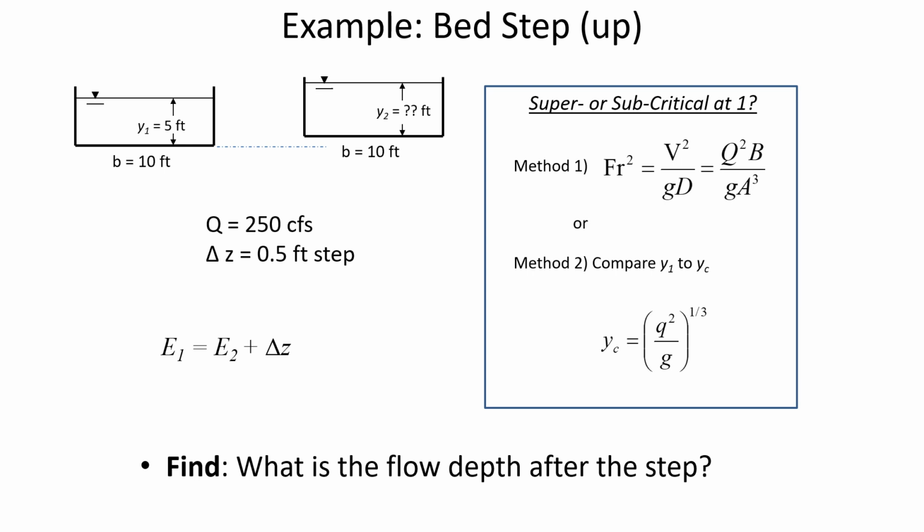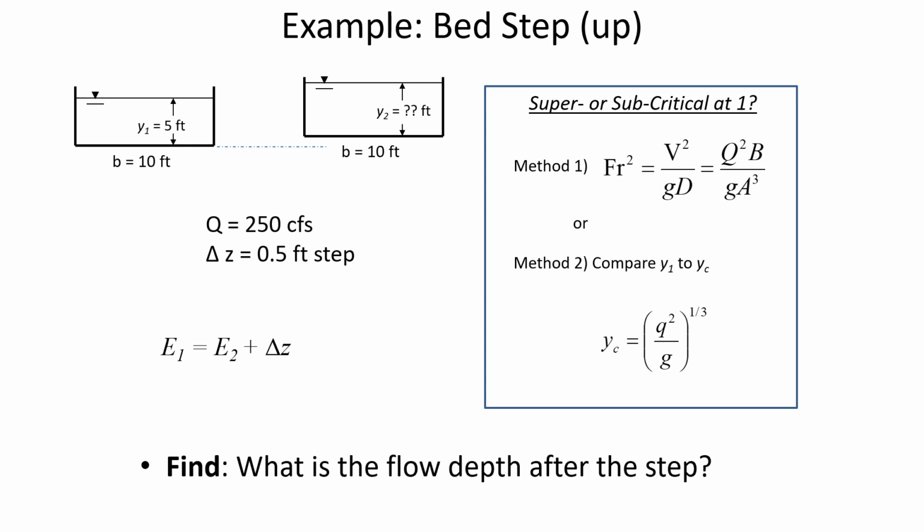And so lowercase q is capital Q divided by B. Flow per unit width only really has meaning for a rectangular channel. We wouldn't calculate flow per unit width if you had a trapezoidal channel, unless that trapezoidal channel was very wide. And remember, very wide has a technical definition of being 20 times wider than it is deep.